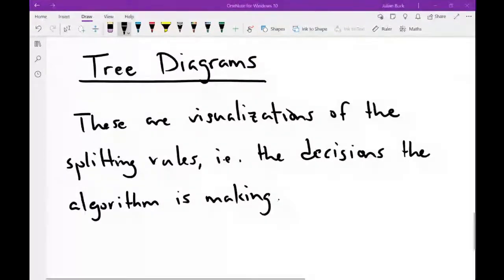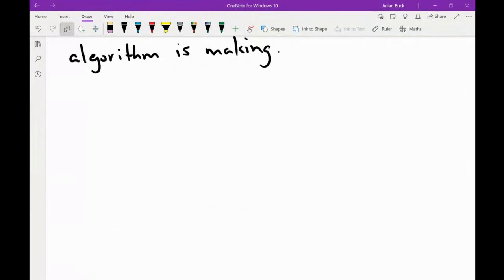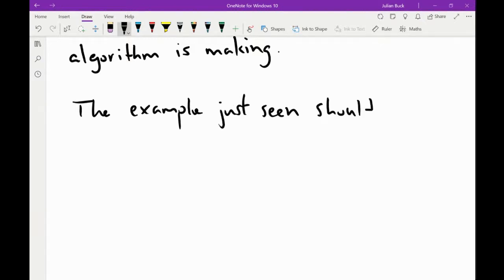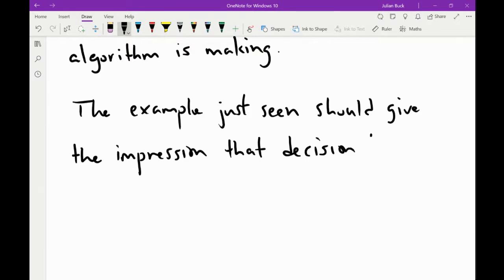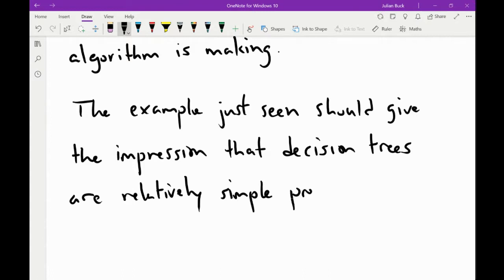All right, so as that image was meant to indicate, the example just seen should give, hopefully, the impression that decision trees are relatively simple predictive models.